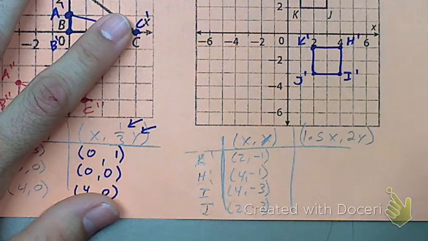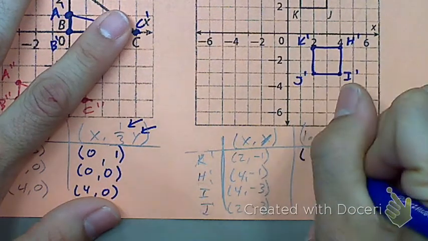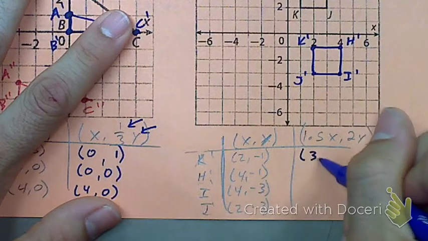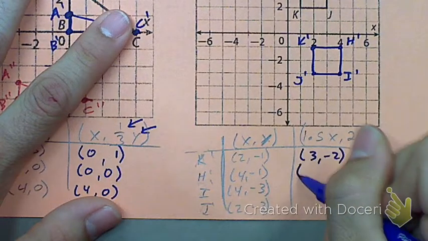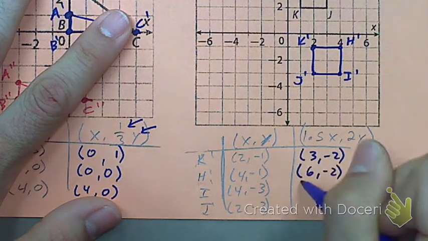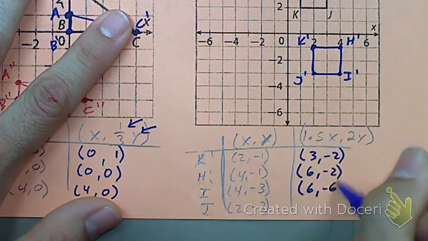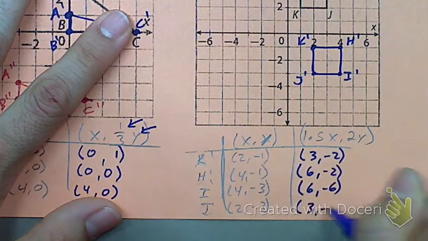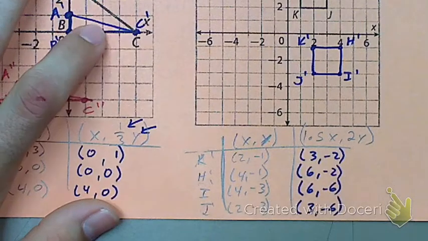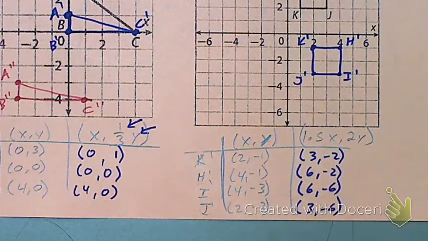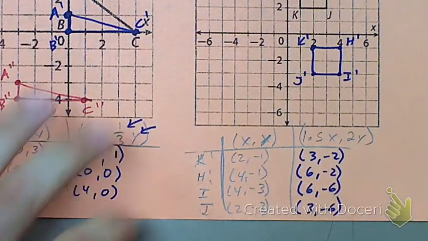This is what you would get. 3, negative 2. 6, negative 2. 6, negative 6. 3, negative 6. Plot those 4. Label correctly.